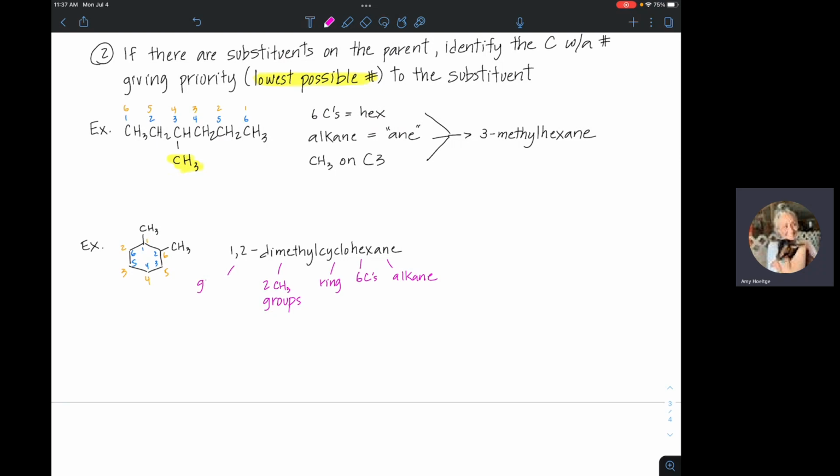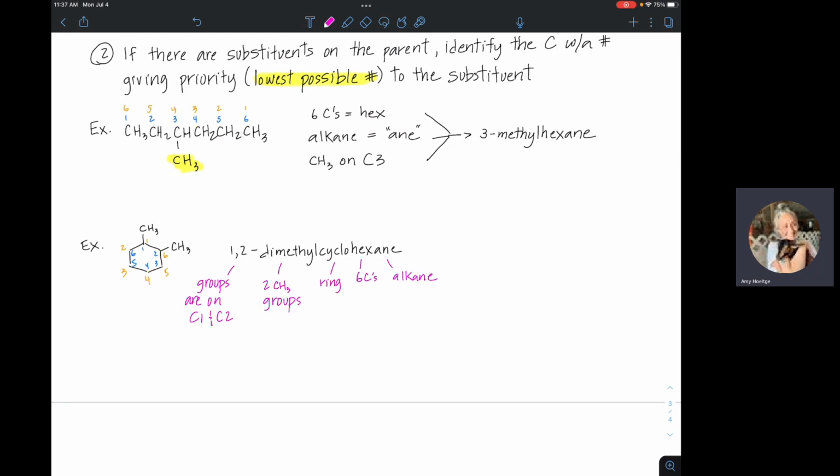And the groups are on C1 and C2, not C1 and C6.